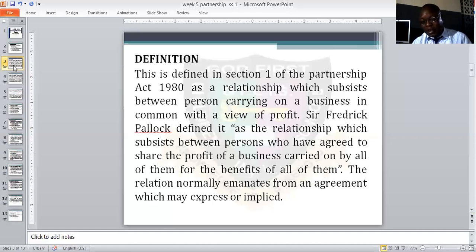If they are in the same line of profession, then only 2 to 10 can form a partnership business, and they have to come together based on the formation of an agreement.